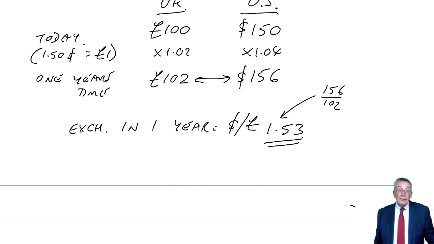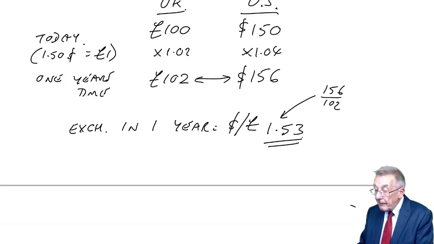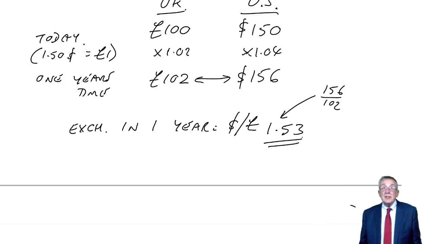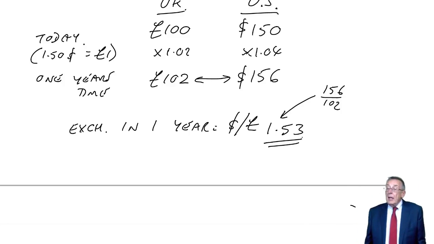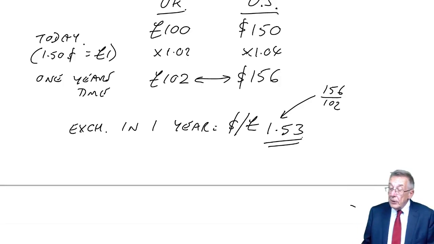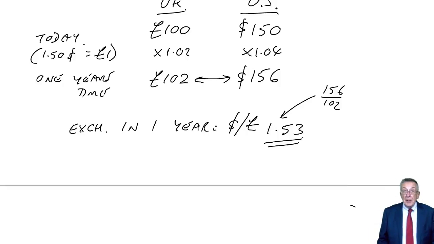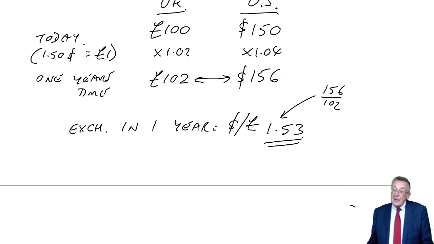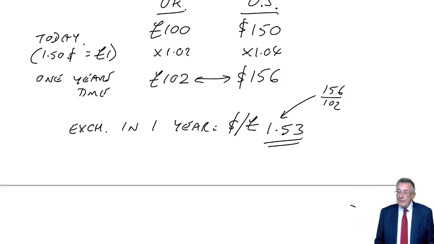Now, I know for foreign exchange risk management, we quote exchange rates to 4 decimal places. I've already said, but if you are asked to do this in the exam, it'll be part of an investment appraisal question. And there, you only need to do it to 2 decimal places.